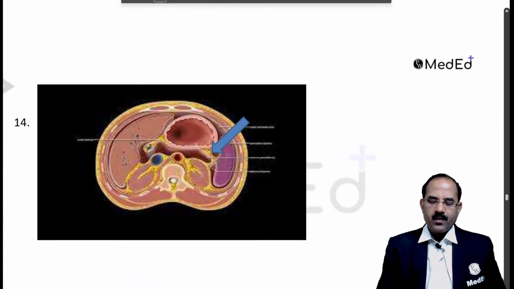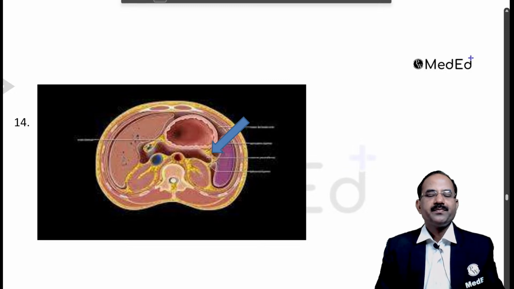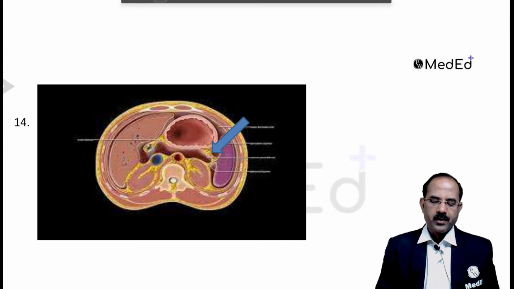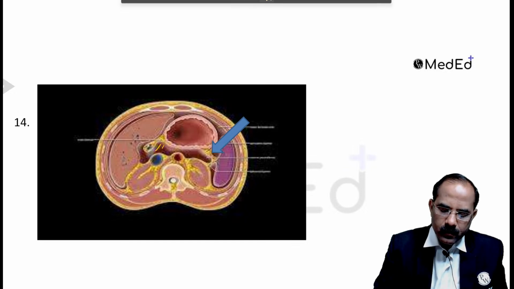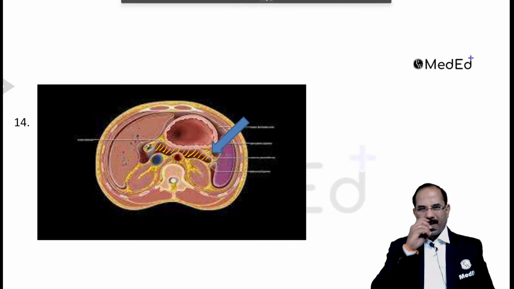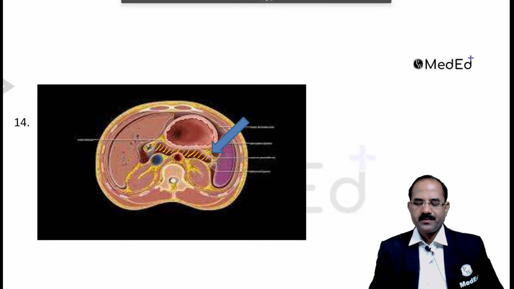Come on, answer this. What is this pointed structure? I've already told you this. Or what is this cavity that I'm highlighting? What have I highlighted? Can anyone tell me what this is which I've highlighted for you?